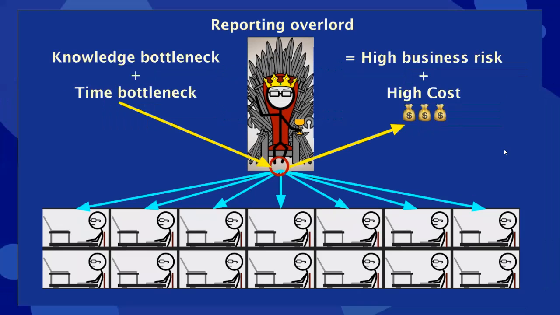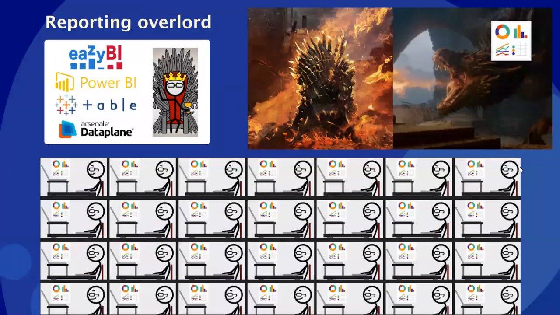So that becomes a knowledge bottleneck and a time bottleneck where the overlord sits above, and with that high cost and high business risk, you need to make sure you have someone sitting in that chair who can actually do these types of reports, for senior management, CEOs, etc. This is where we want to position custom charts. We don't want to substitute Easy BI or Power BI. We don't want to say our reporting tool is better. These overlords need those types of reports.